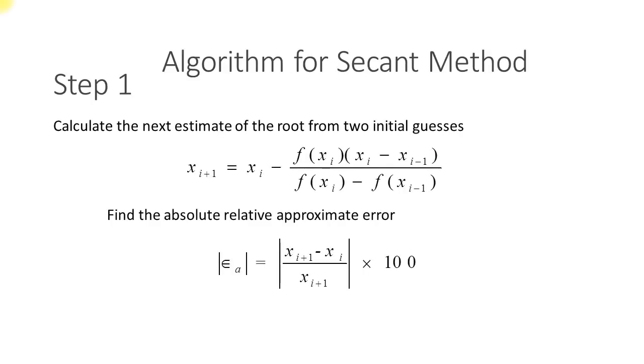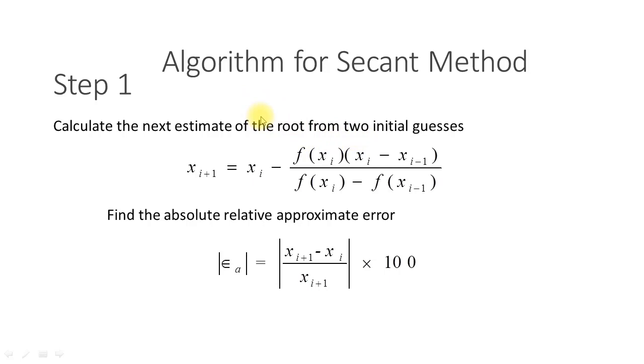So, the algorithm, the procedure for the secant method. In the procedure, step number 1, calculate the next estimate of the root from the two initial guesses.